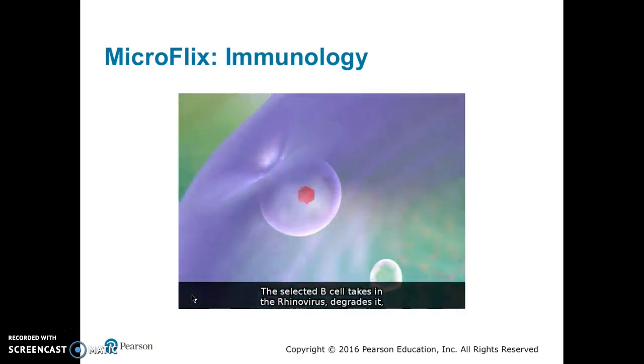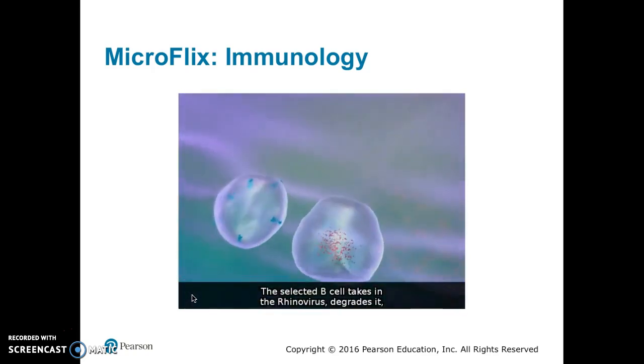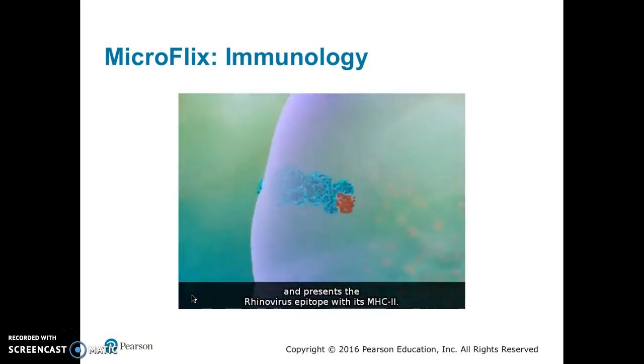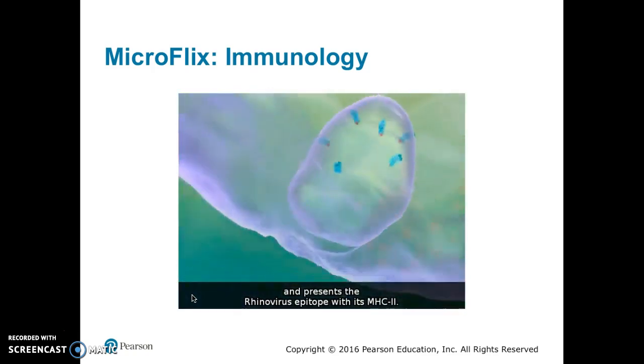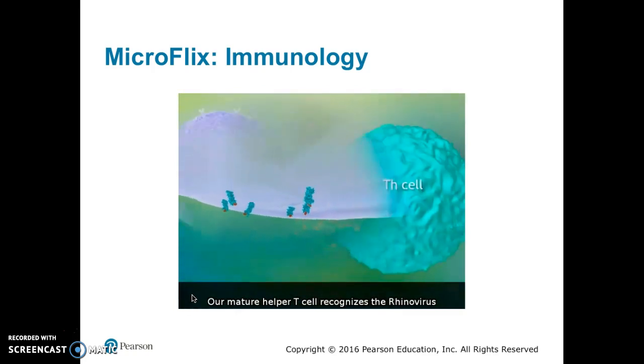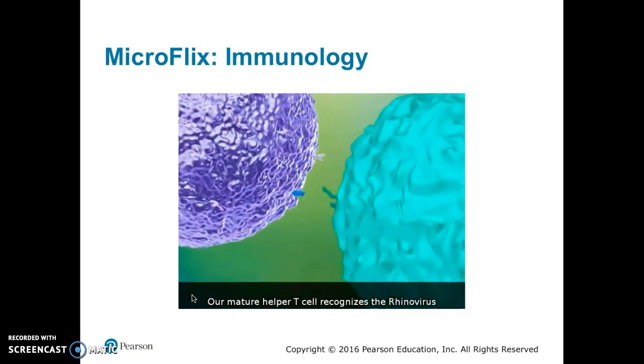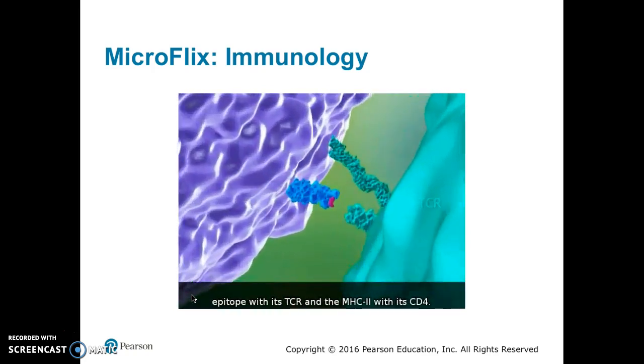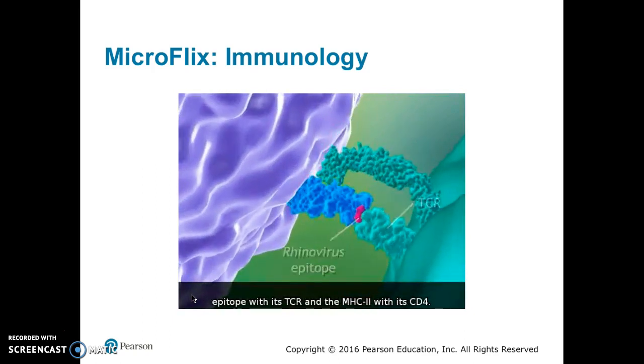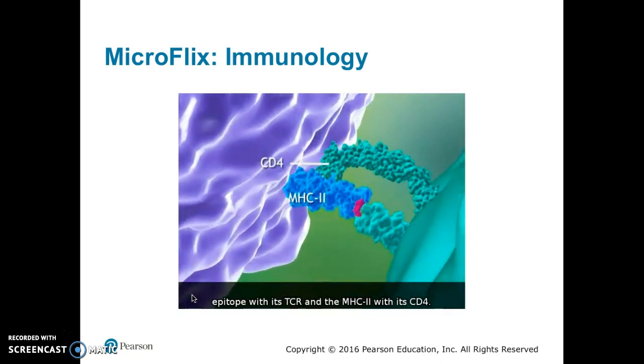The selected B cell takes in the rhinovirus, degrades it, and presents the rhinovirus epitope with its MHC2. Our mature helper T cell recognizes the rhinovirus epitope with its TCR and the MHC2 with its CD4.